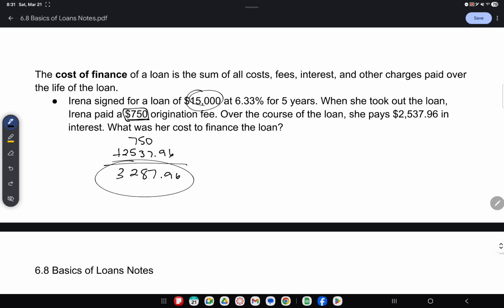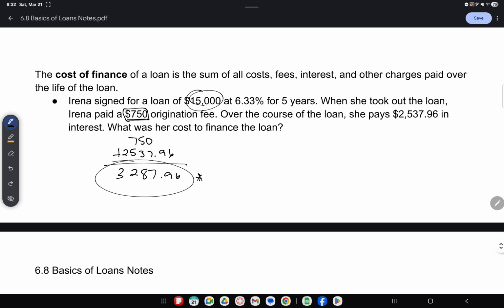It's the sum of all costs, fees, interest, and other charges over the life of the loan. So if we want a total number, the way I was going to phrase this, how much did that $15,000 actually cost? And this is what it would be, the 3,287.96.